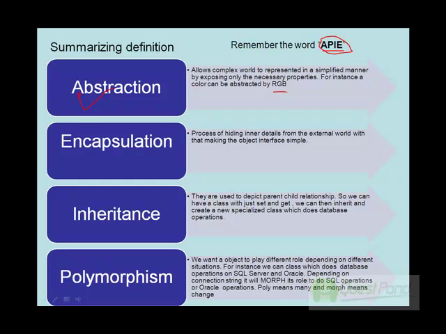In other words, abstraction allows you to simplify your component or object which needs to interact with the outer world. Remember that one very important principle of object-oriented programming is to have simplified interfaces. Revising the definition of abstraction: it allows you to show only the necessary properties, and with that your object is no longer complex, it is simplified. So abstraction basically means show only the necessary properties.